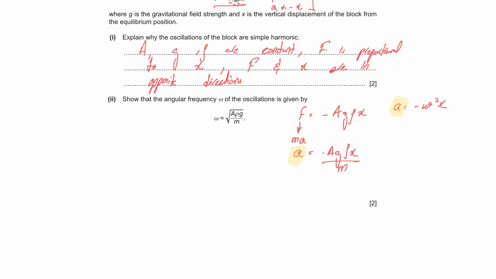We get minus omega squared x is equal to minus A g rho x over m. The x here cancels out with this x. The negative signs cancel out. We get omega is equal to square root of A rho g over m, and hence shown that the angular frequency is square root of A rho g over m.